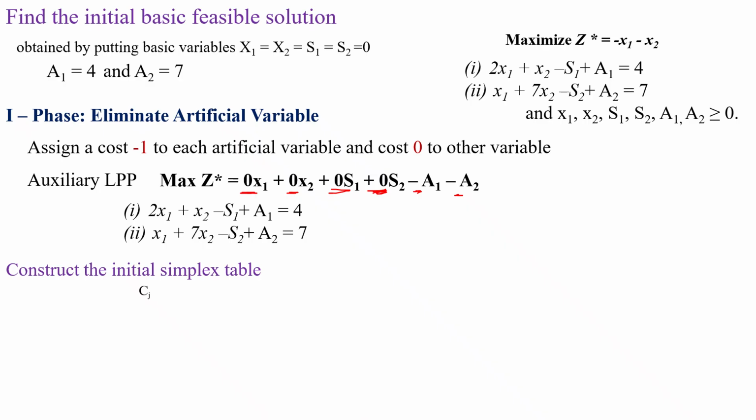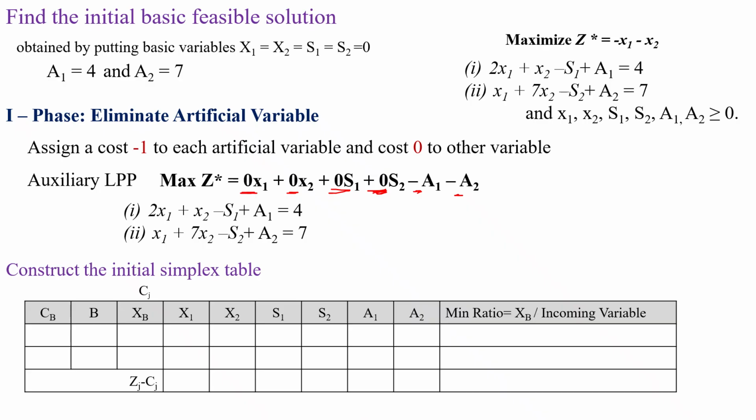Next, we construct the initial simplex table. So this is the initial simplex table. Here CB is the cost coefficients for the initial basic variables, B is the basic variables, XB is the initial basic feasible solution, and x1, x2, s1, s2, a1, a2 are the decision variables, surplus variables and the artificial variables.